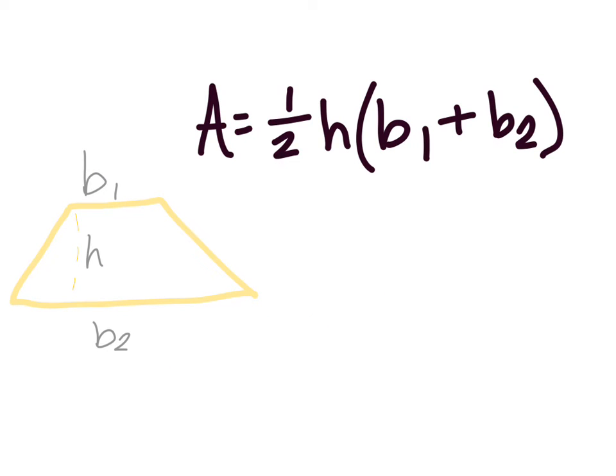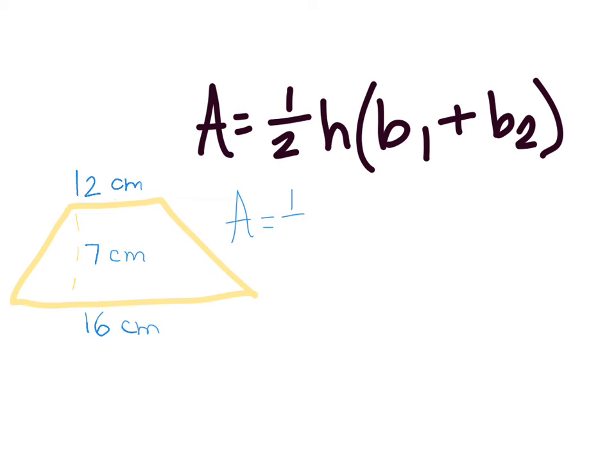Okay, now let's talk about trapezoids. The formula for finding the area of a trapezoid is multiplying half times the height times the sum of base 1 and base 2. Okay, I'm going to rewrite the equation, substituting in what I know from the image.